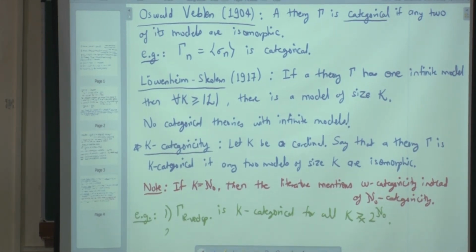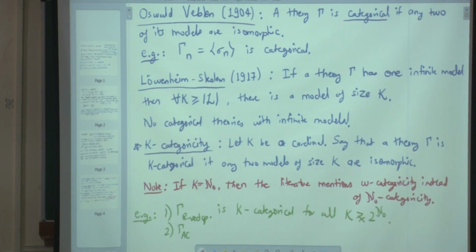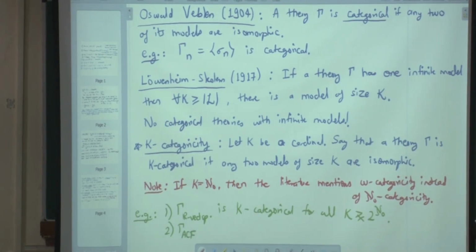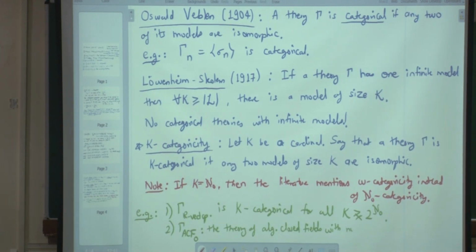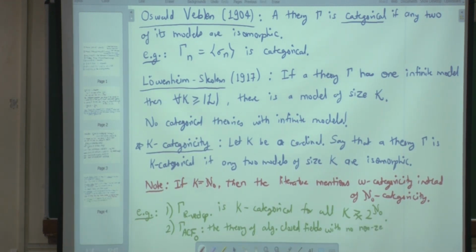Another thing, you remember this, and I am going to add a 0. So this is the theory of algebraically closed fields with no non-zero multiplicative torsion element.